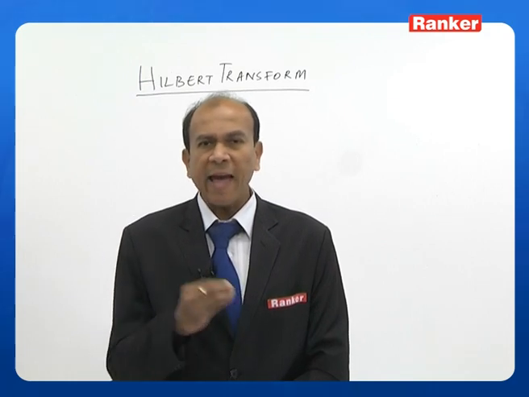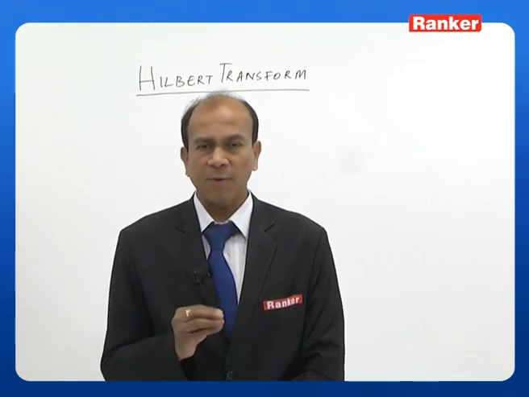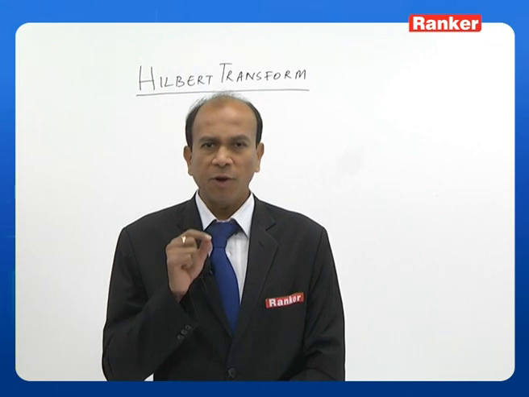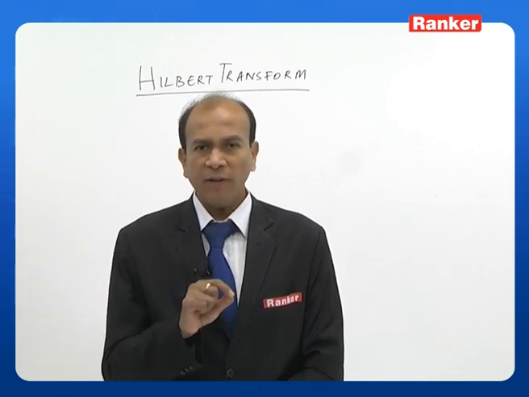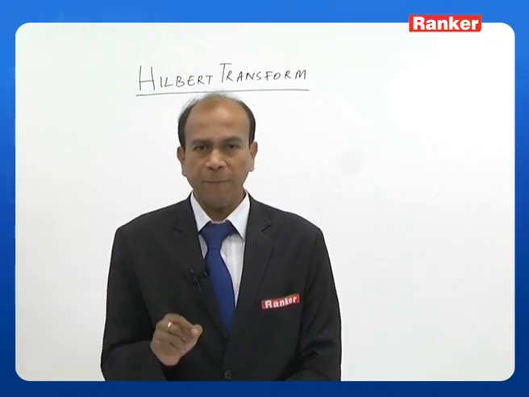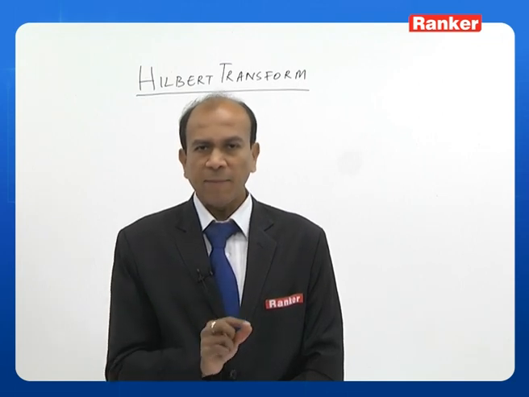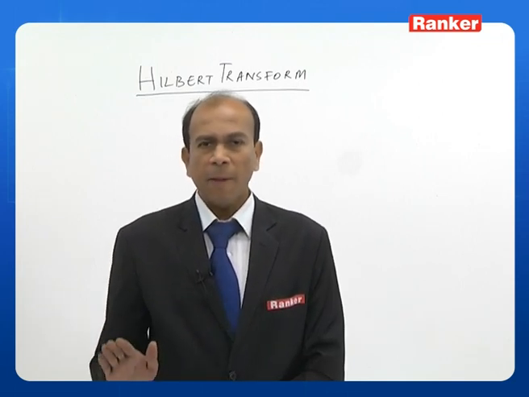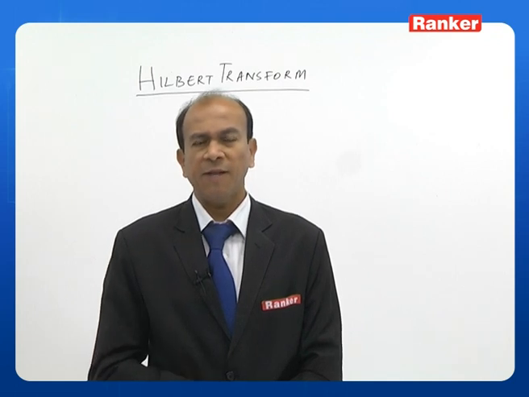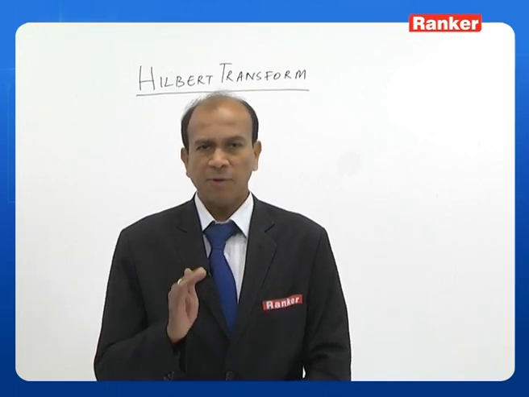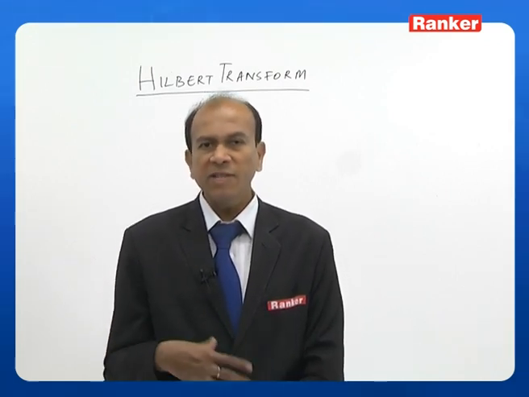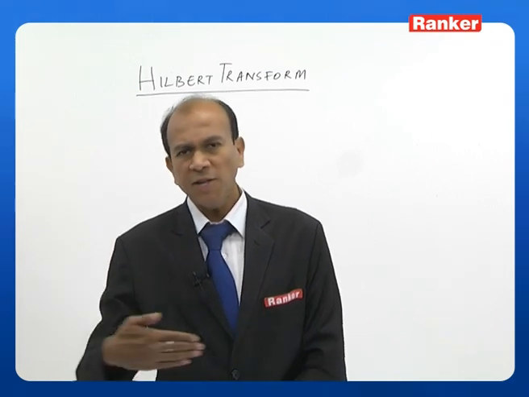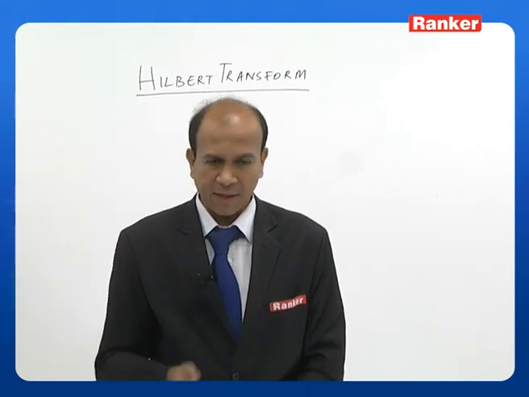Here, the cap indicates Hilbert transform. The most significant point we should all understand is x of t is transformed into x cap of t. So, the time domain representation is also, the output is also a time domain representation in the case of a Hilbert transform. That is the most important point we should remember. But it is changed. x of t is changed into x cap of t, that is the Hilbert transform.